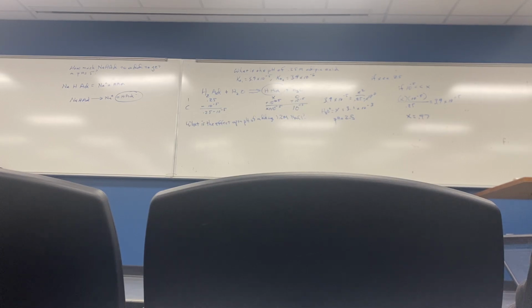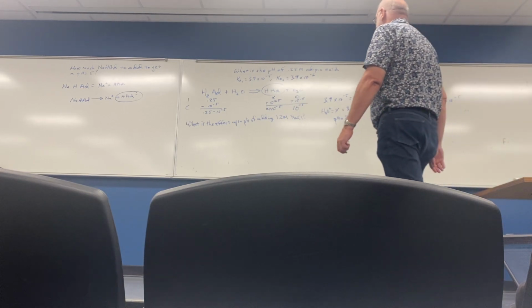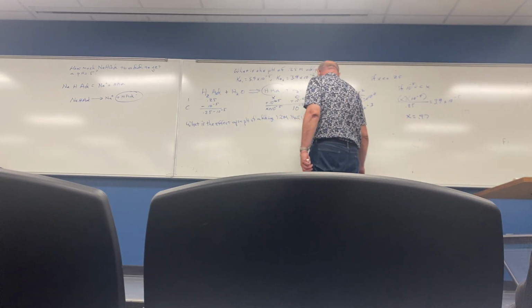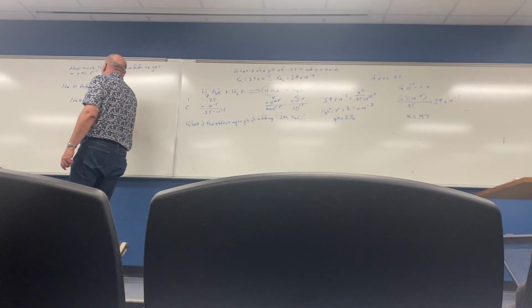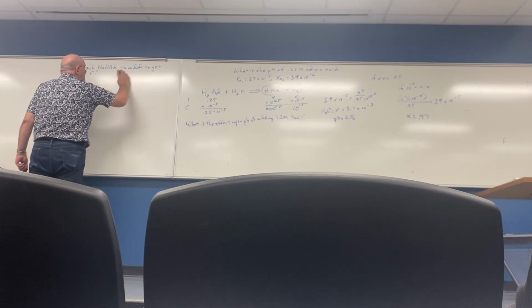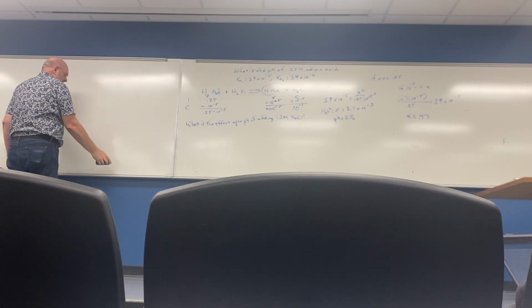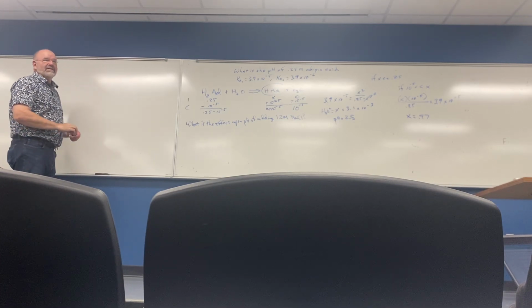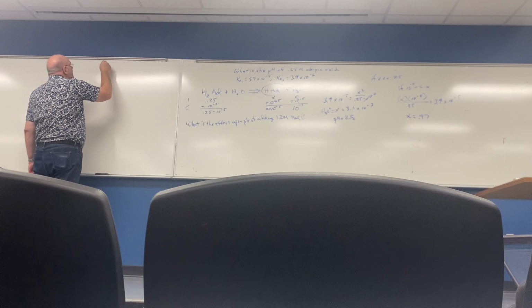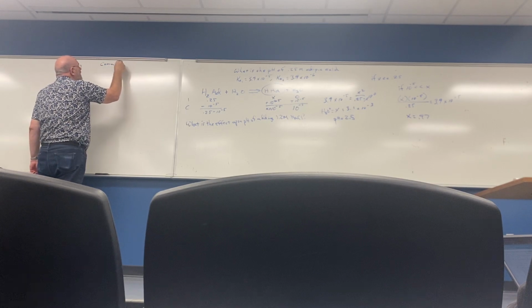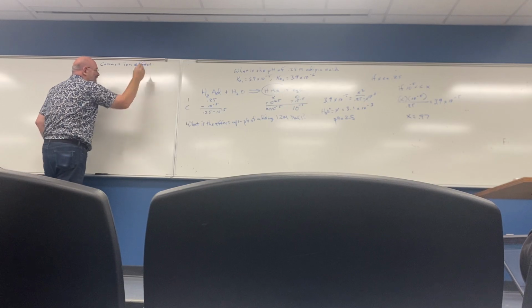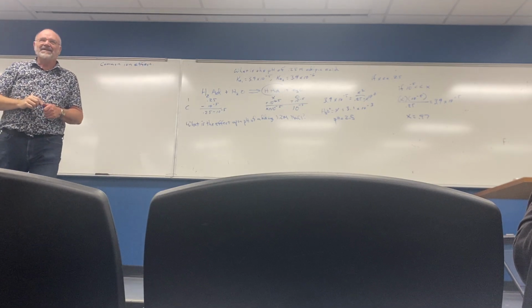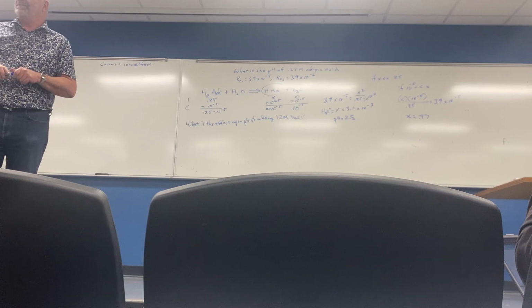If you don't have a common ion, then you are not having an effect. That is even called the common ion effect. Because you have a common ion, therefore you affect the other reaction.